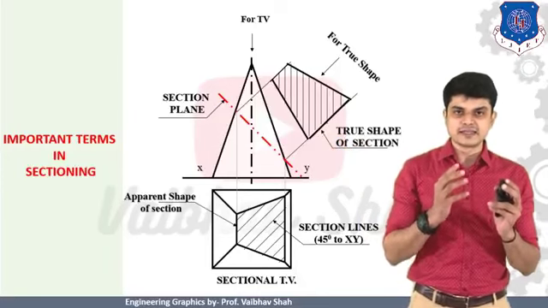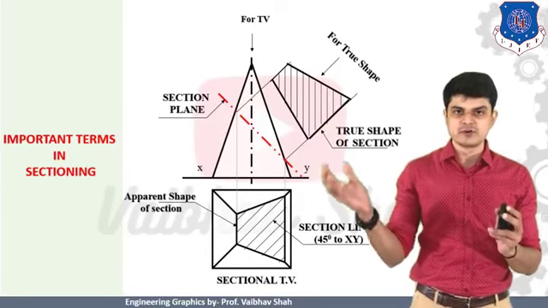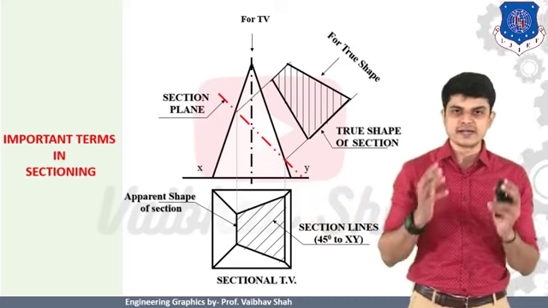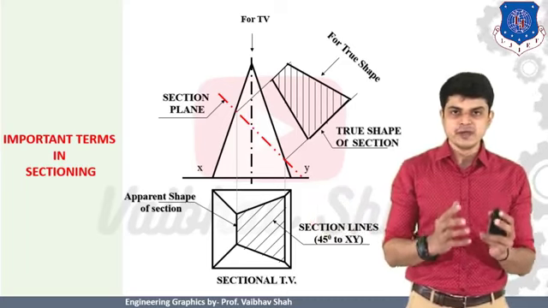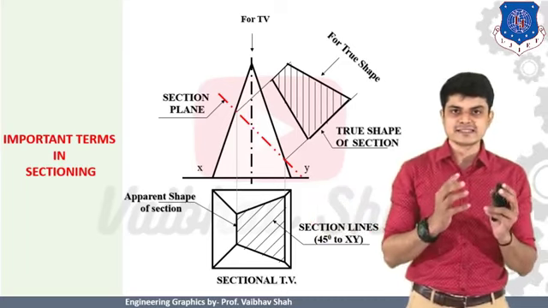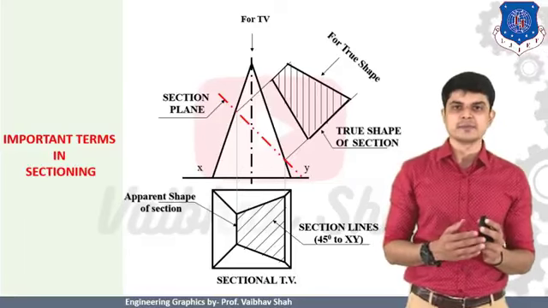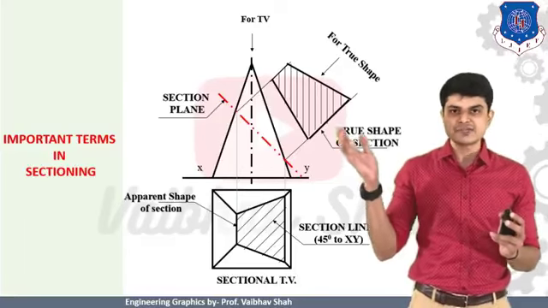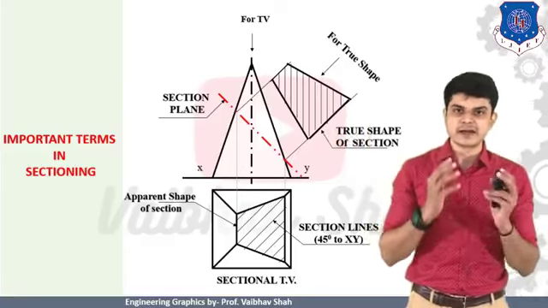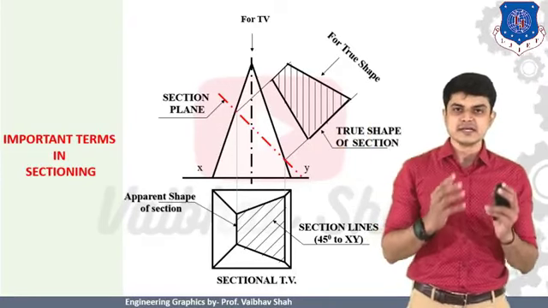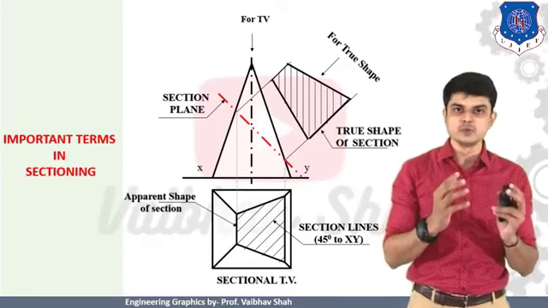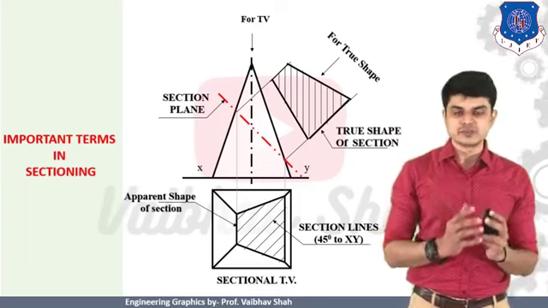After putting that cutting plane, I should develop this cut section into my another view. And then if it is asked that you should generate the true shape of the section, I simply draw 90-degree lines to my cutting plane, and I can generate this shape, which is nothing but the true shape of a section, right?